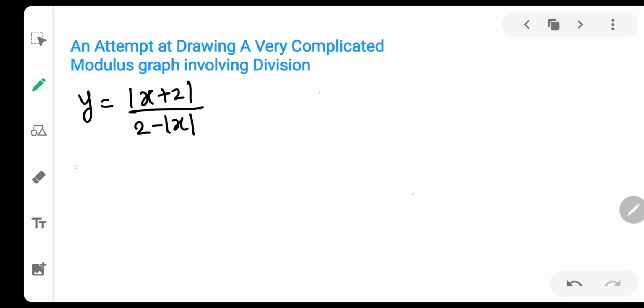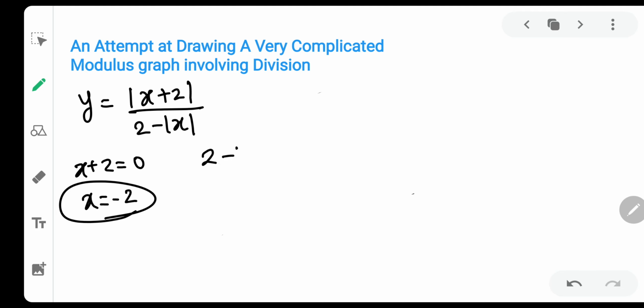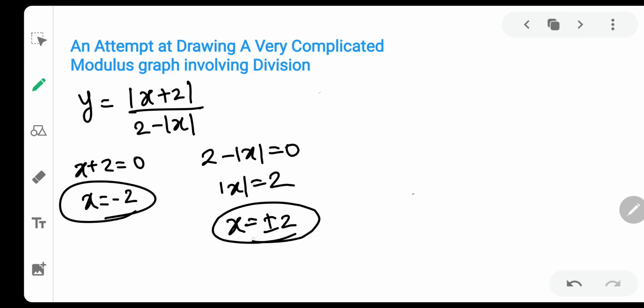So the critical points could be x plus 2 equal to 0, where x equals minus 2. This is for the numerator. And 2 minus mod x equal to 0, that is mod x equal to 2, that is x equal to plus or minus 2. So basically x equal to minus 2 and 2 are the critical points for this function.